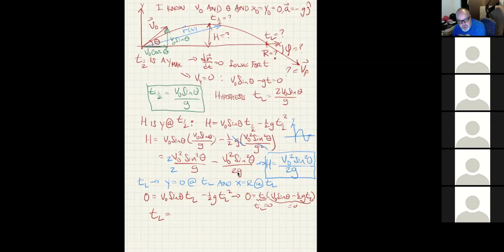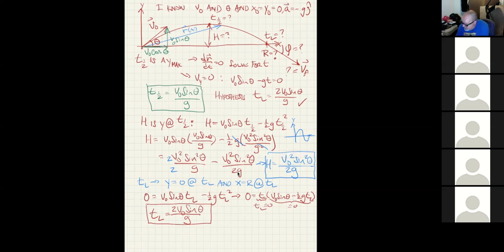It'll be 1/2 g times TL, so I get v0 sine theta. That's this first term. And then I'm going to divide that by 1/2 g, which is the same thing as multiplying by 2 and dividing by g. So yes, your hypothesis was correct. It's twice as big as T1/2. So cha-ching.